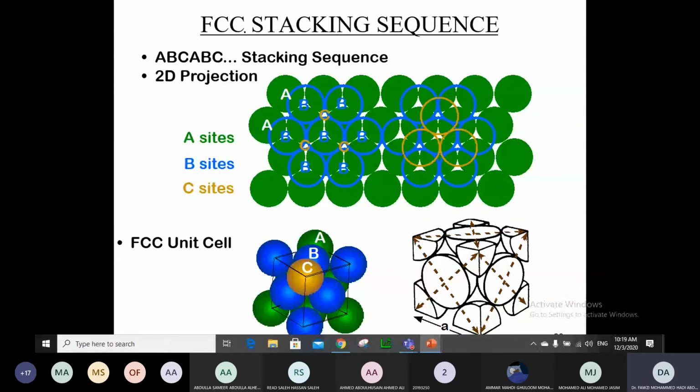In the FCC crystal structure, this is the 2-dimensional projection. Actually, if you look at the top, but it's easier to look at the 3-dimensional. This is the crystal structure. Notice that we have the planes that we have there.